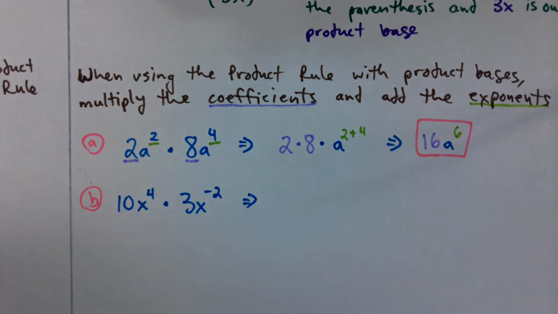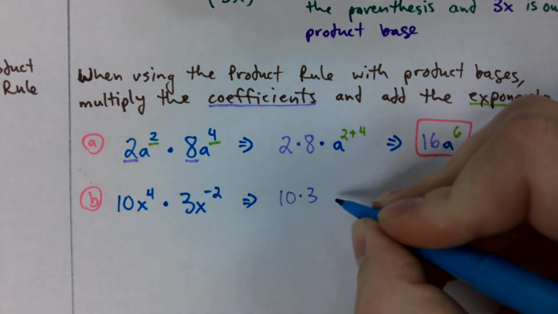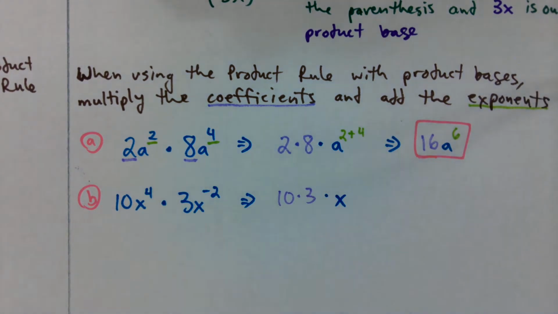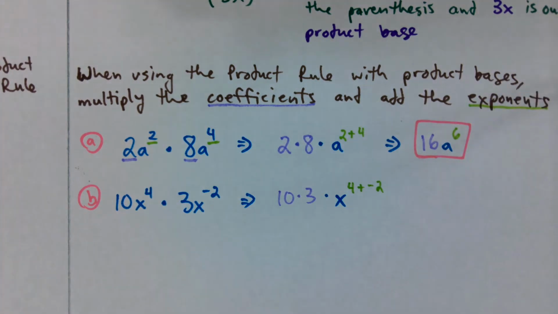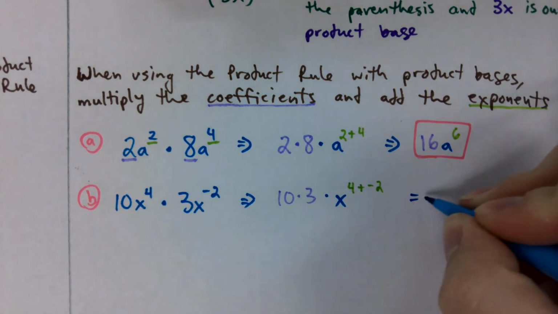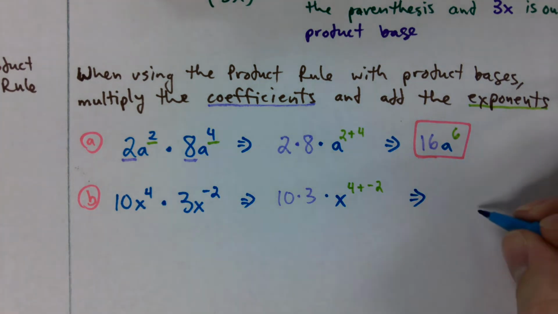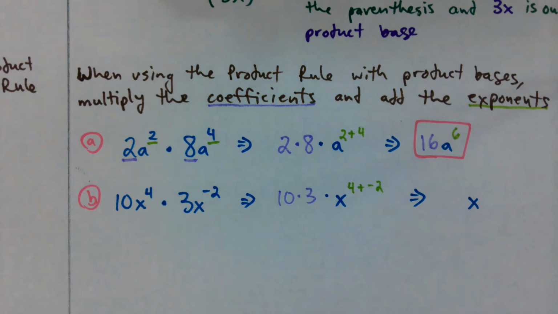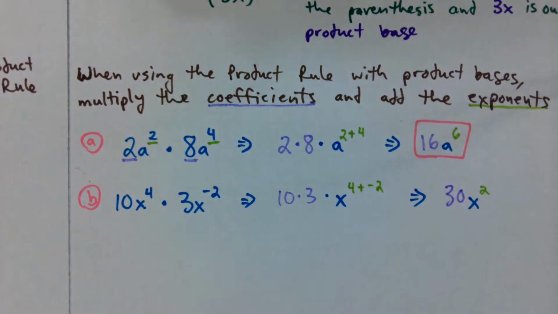So this would be 10 times 3 out in front, times x to the 4 plus negative 2. So our variable has a new exponent of 4 minus 2, which is 2. And our new coefficient is 30, right? 10 times 3. 30x squared.